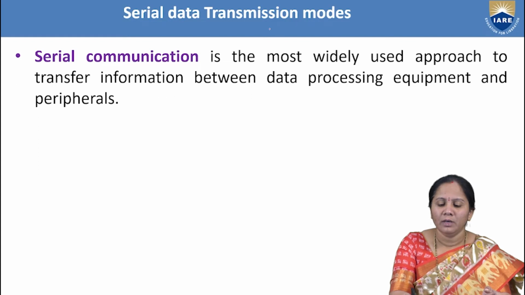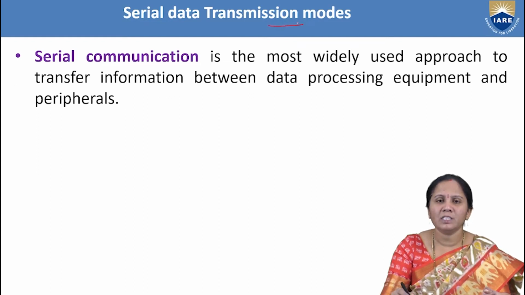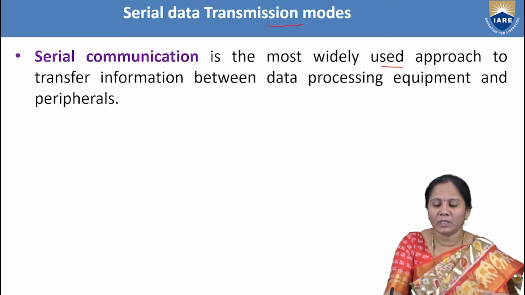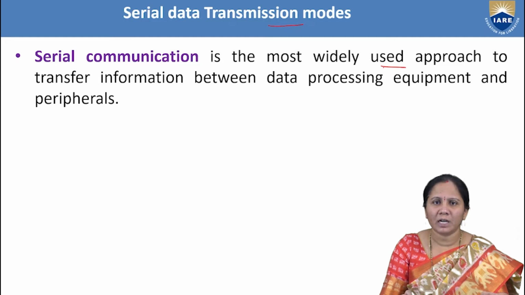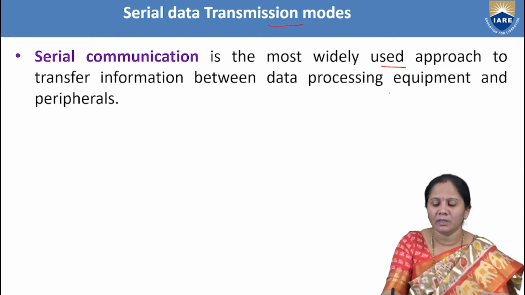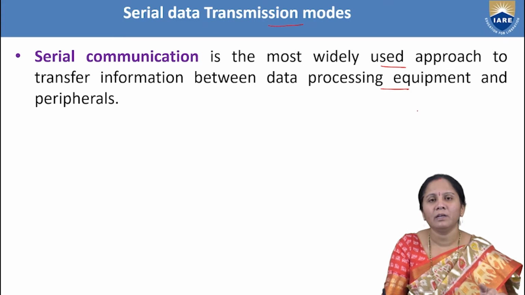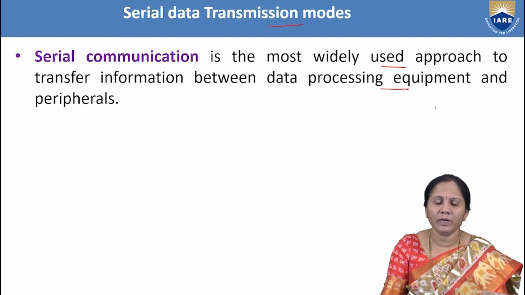Now we will see what the different serial data transmission modes are. Out of serial and parallel communication, serial communication is widely preferred to transmit information between the transmitter and receiver. It may be data communication between the processing equipment and any other peripheral devices.